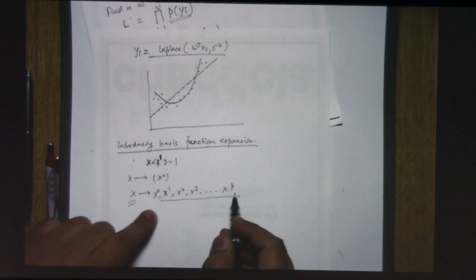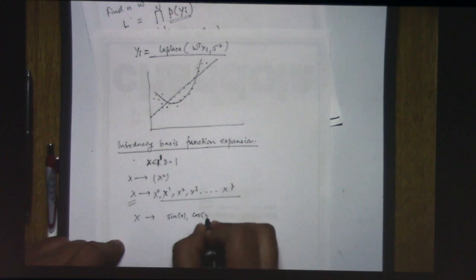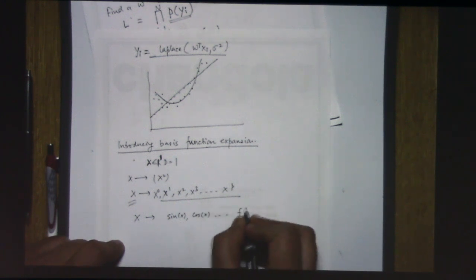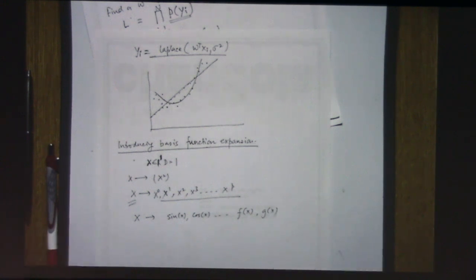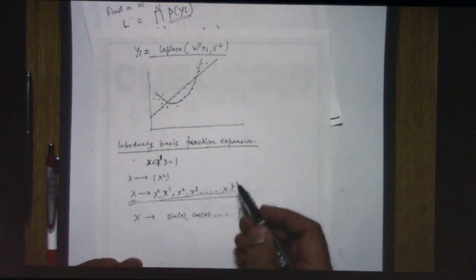But this is not the only thing that you can do. You can also say x is sine of x, comma cos of x, comma some arbitrary function of x, another function of x. So it could be anything. You can be creative and come up with any function, but typically this polynomial expansion is easier to understand.